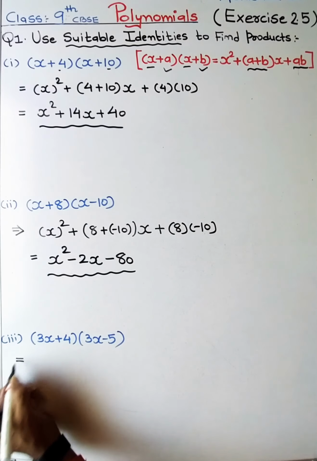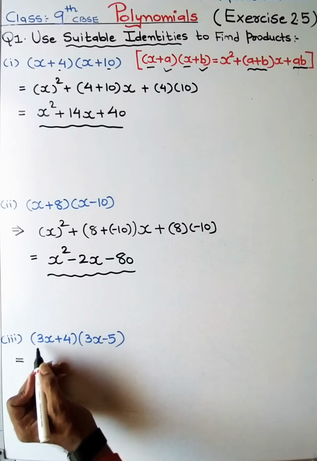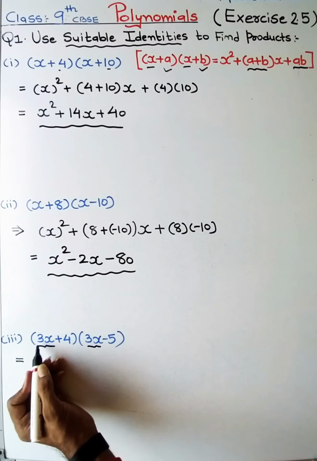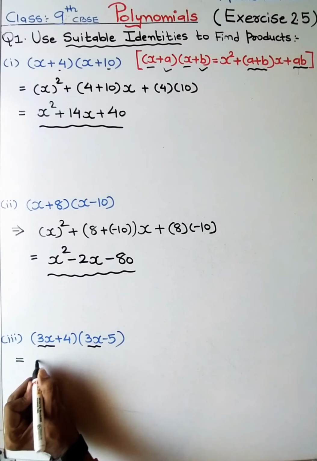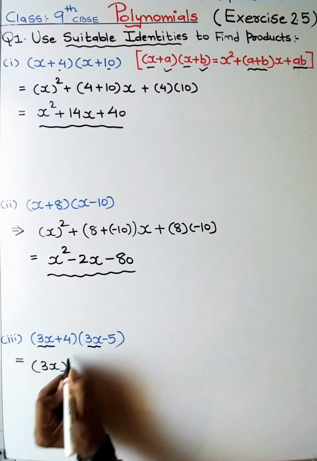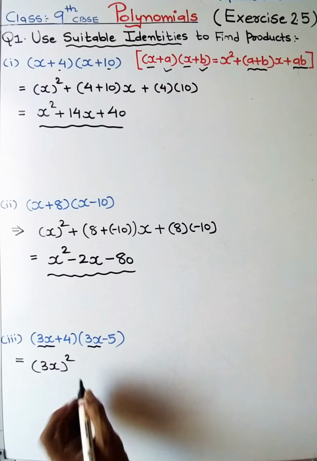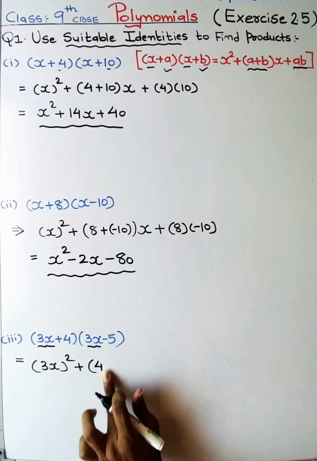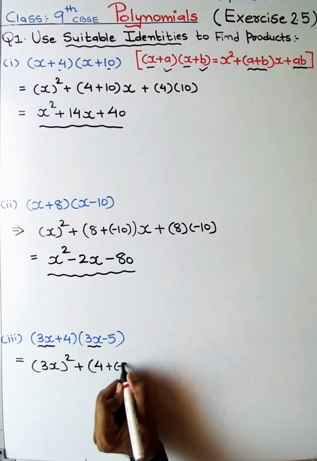Over here, slight change in the question. Here instead of only x that we were solving in the first two questions, we have a common term of 3x. So squaring will be done for the first term, that is 3x, plus 4 plus minus 5.